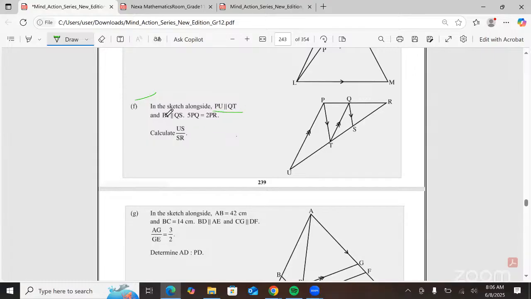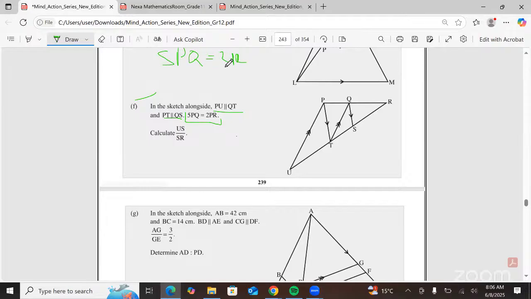Again, PT is parallel to QS. Also we are given 5PQ equals 2 times PR.